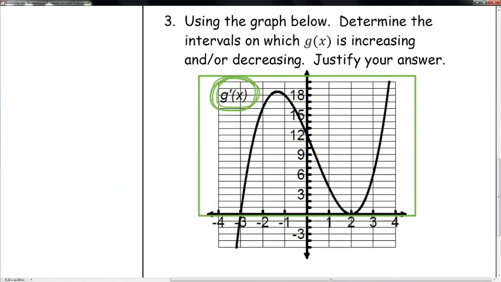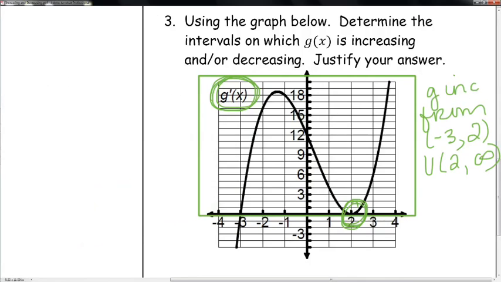Well, it looks like g is increasing from, looks like negative 3 to infinity. Let's go ahead and deal with this right here. Notice I have a 0 right there. We'll say we're going from 2, because technically at 2 it's not really positive or negative, and then we're going from 2 to infinity.